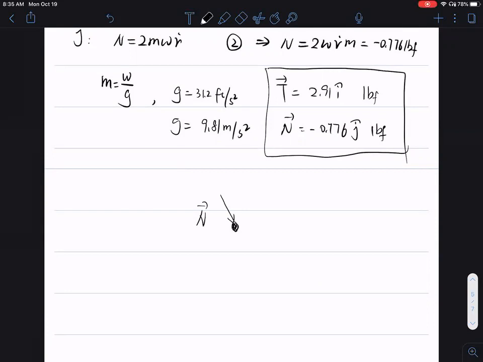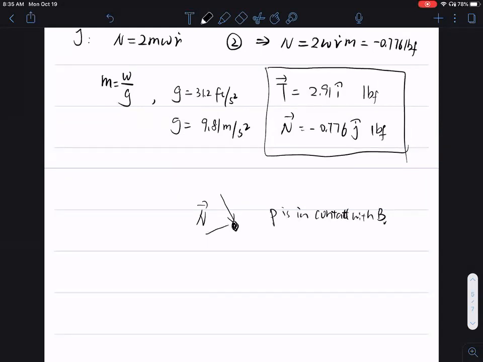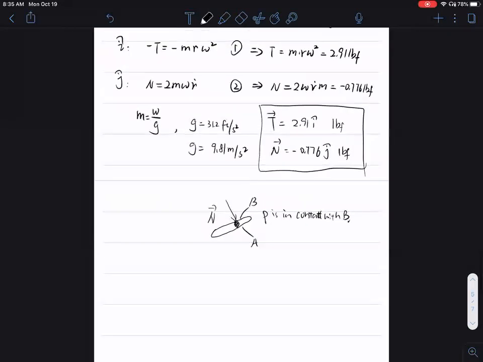That means the particle P is in contact with surface B. Okay, now we're done with this problem.